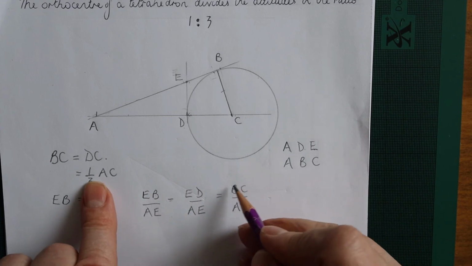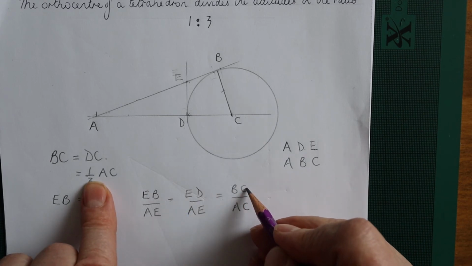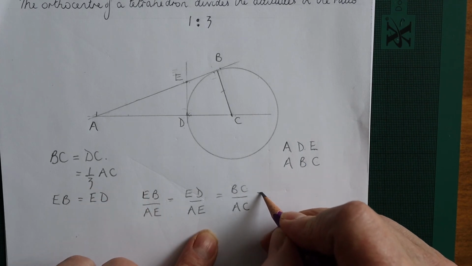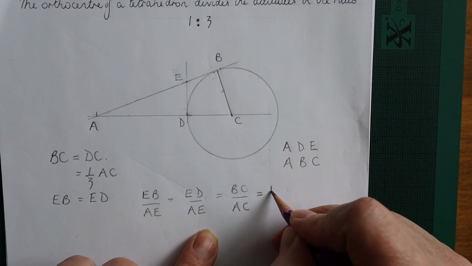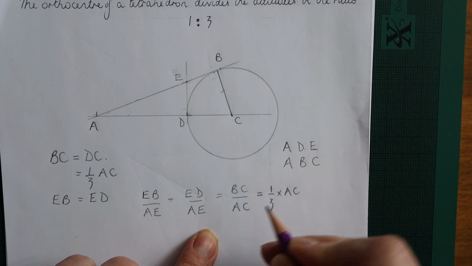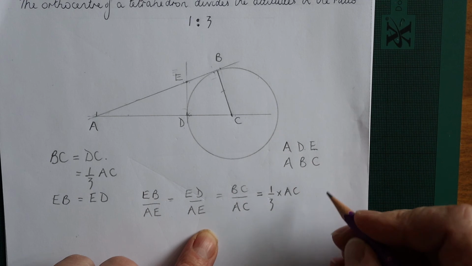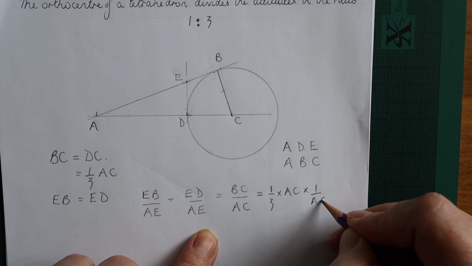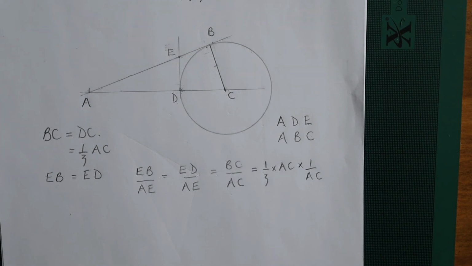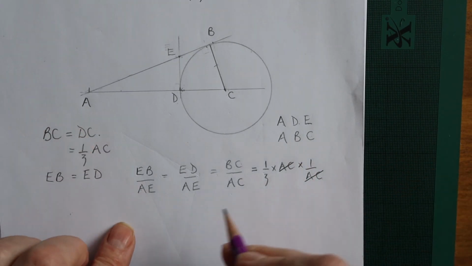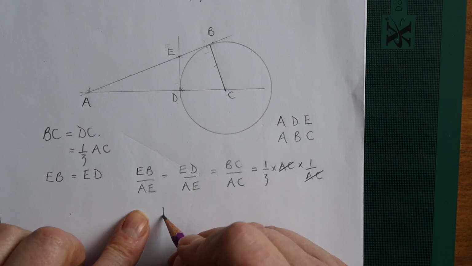But we know something about BC. We know that BC is equal to 1/3 of AC. So let's write it like this. That's 1/3 times AC, which is what BC is, and then we're going to divide it by AC times 1 over AC. Now that can be divided out, numerator and denominator, so we're going to be left with just what we wanted.